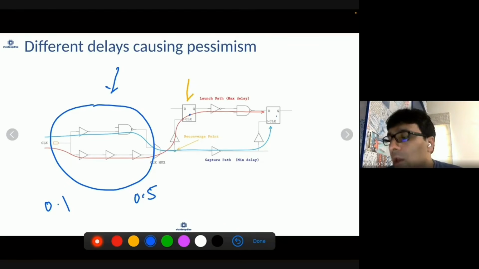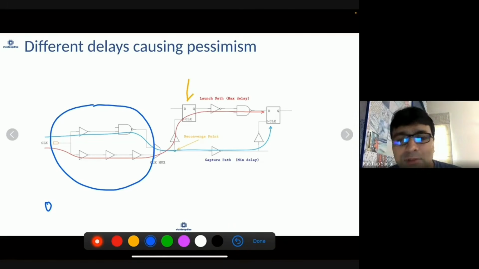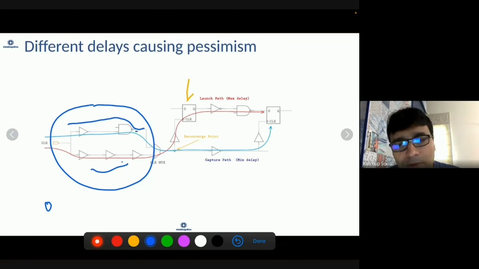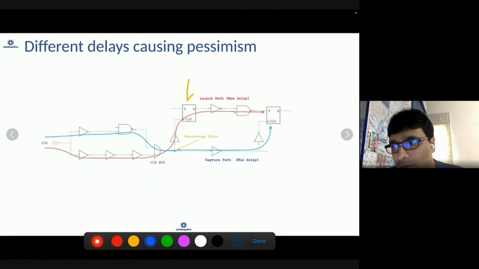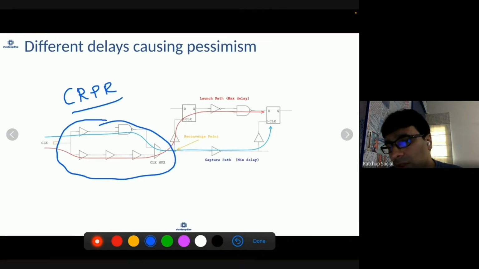It's not realistic. So using different delay values for launch and capture can sometimes cause undue pessimism, as in this case, because in reality, whatever chip you're using, the clock logic will have a certain amount of delay. Either the clock path will be taken from here, or the clock path will be taken from here. So this undue pessimism can sometimes be reduced, and there is a technique, an advanced concept known as CRPR, which reduces clock path pessimism by not taking different paths for launch and capture on the common portion.